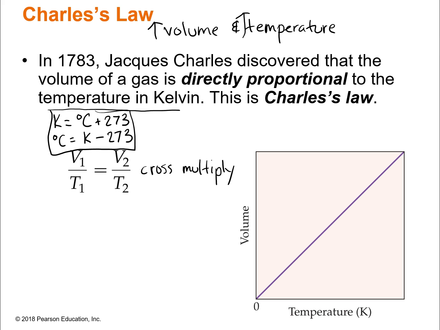You'll need to know that you need to cross multiply. What I mean by that is you multiply V1 by T2 and V2 by T1. Now that you have that, you can choose whatever variable it is that you need to solve for and work it out.